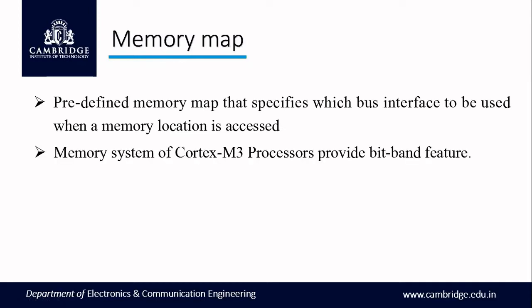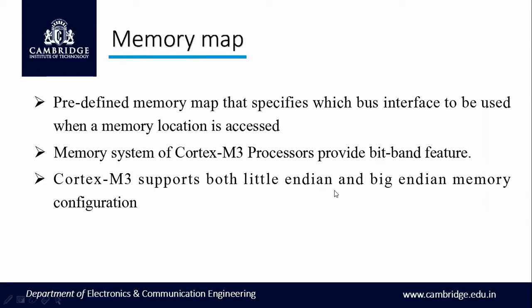One of the features is it supports bit band operations. Bit band operation means I would be able to operate the data at bit level, access the data at bit level. Second feature is with respect to the data storage. Cortex-M3 processors support both Little Endian and Big Endian method for storage of data.